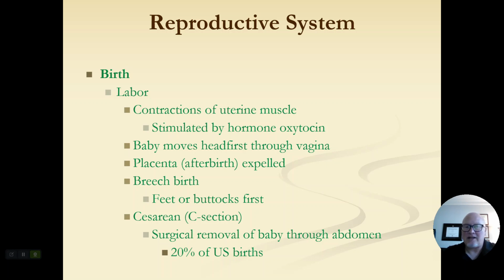Then when birth actually takes place, the baby is expelled from the female's body after uterine contraction. This is the only time we get what is referred to as positive feedback in the hormonal system, where the baby pushing against the inside of the uterine wall triggers a hormone that causes contractions of the uterus.